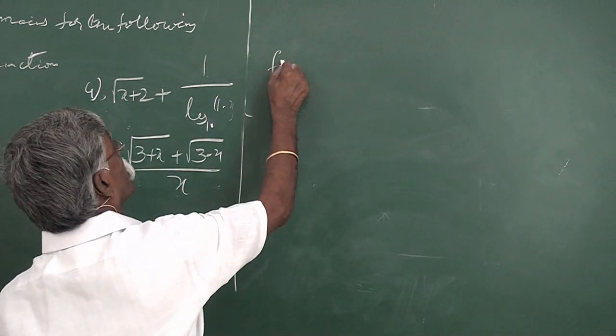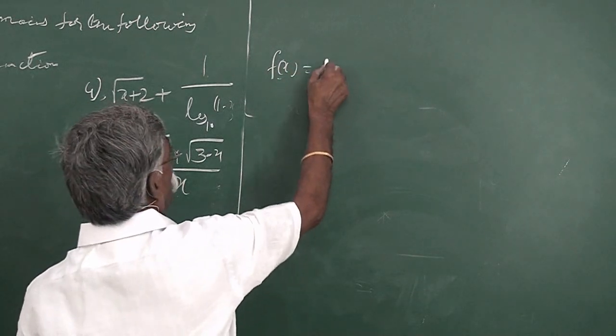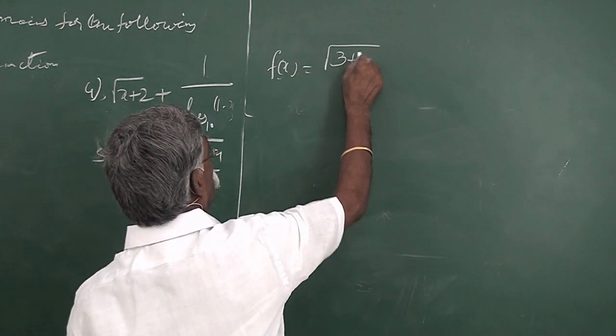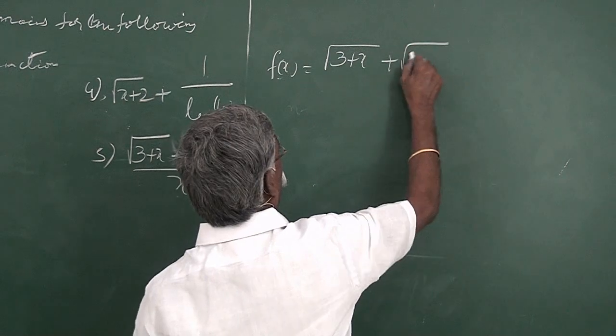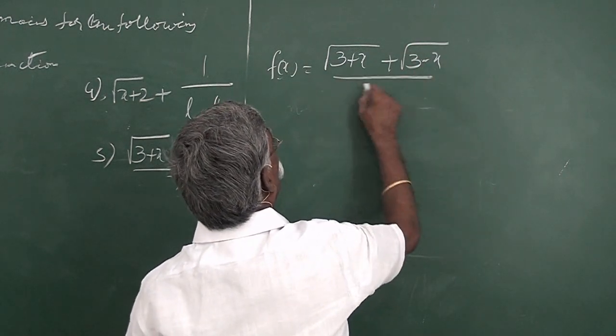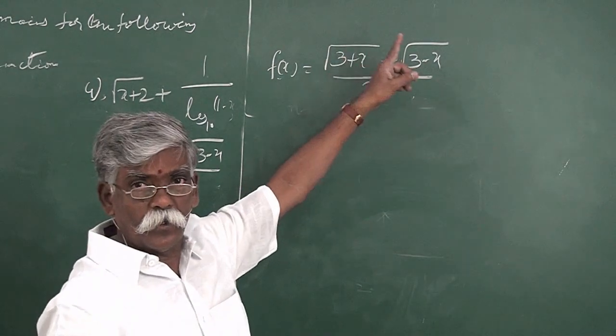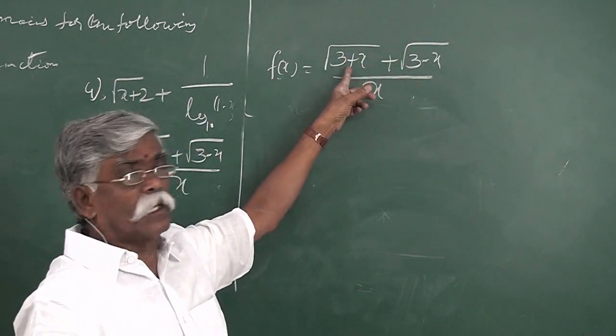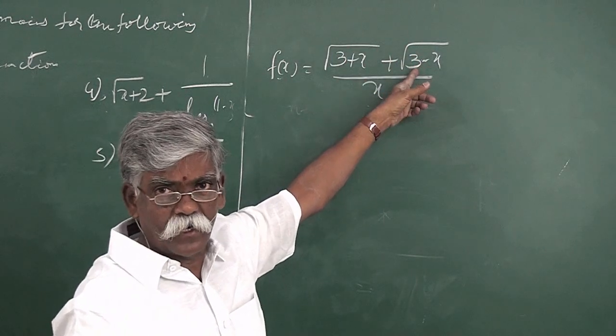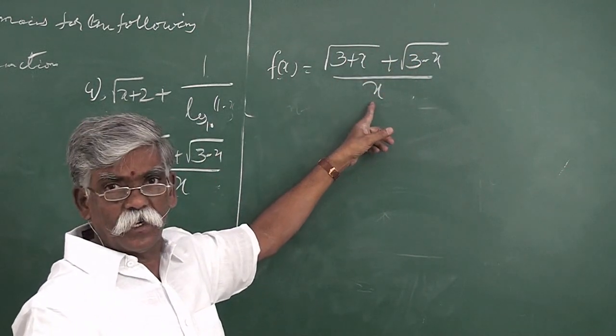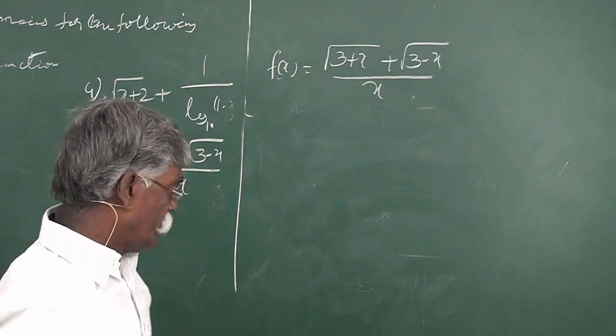Function is f of x equal to root of 3 plus x plus root of 3 minus x whole by x. So this value is under square root, this value is under square root, this can be greater than or equal to 0, this is greater than or equal to 0, and this is in the denominator, x is not equal to 0.